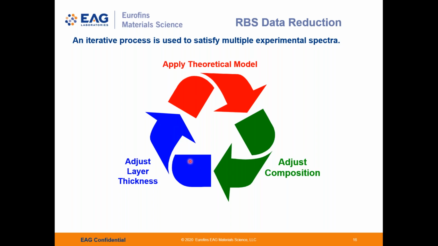RBS fitting does require some a priori information about the elements in the film structure prior to starting the analysis. The next slide shows an RBS fit of a thin film using two spectra, one at 160 degrees and the other at a grazing angle of about 92 degrees.